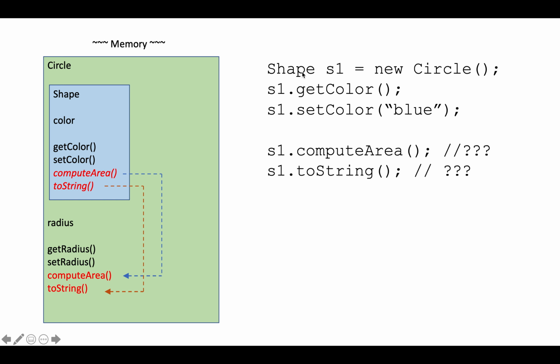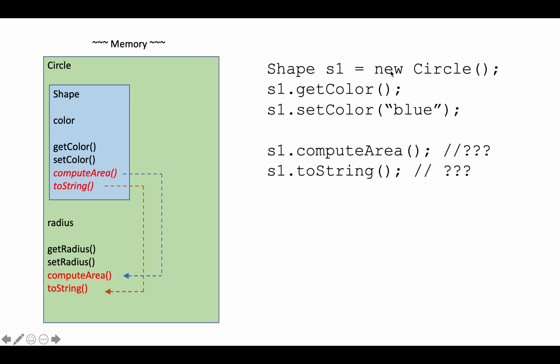So I have a Shape s1 equals new Circle. So we're going to start again to the right of the equal sign, and we're going to say, all right, new Circle means that in memory, I've created this blob that will hold all of this stuff that pertains to a circle, which includes this Shape superclass. Okay?